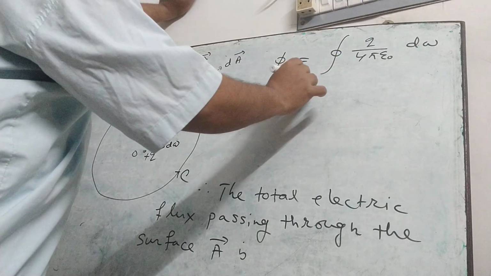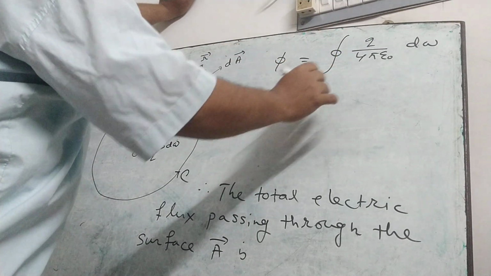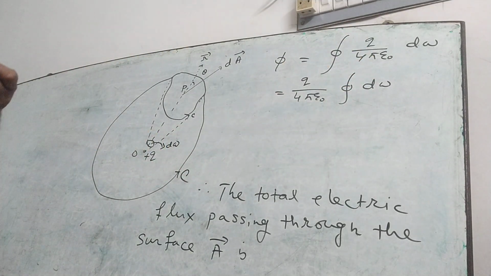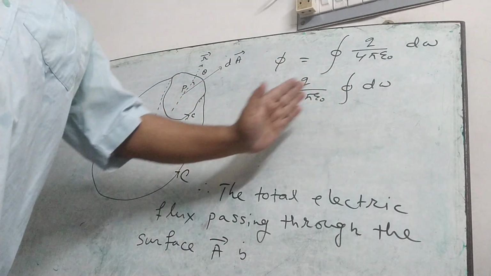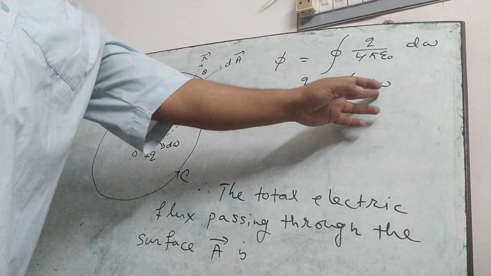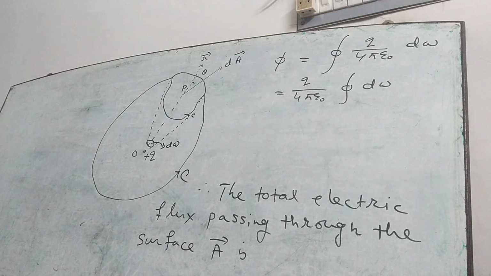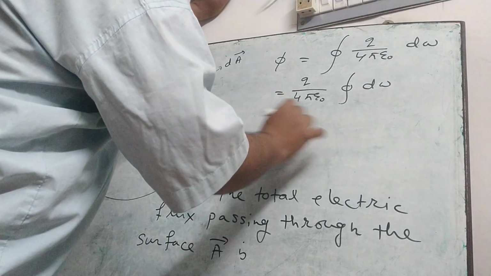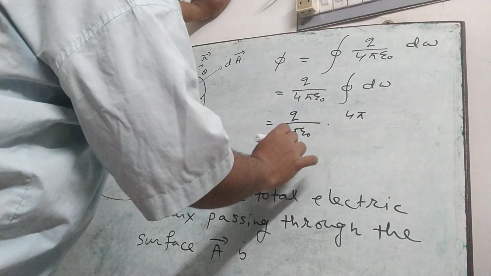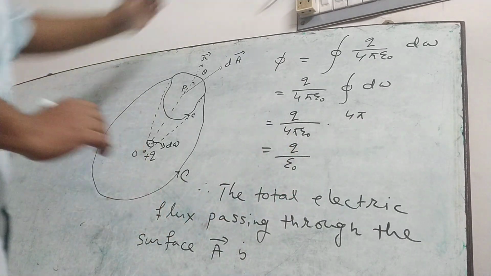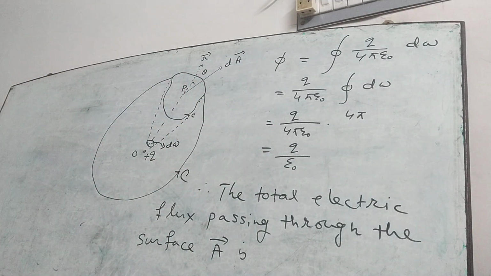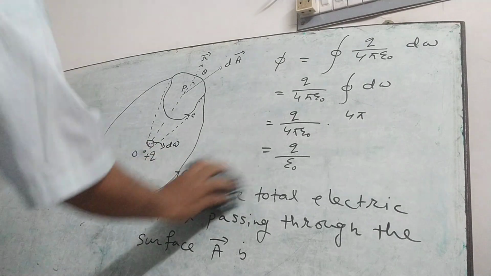We know that Q by 4 pi epsilon 0 is constant, therefore it comes out from the integration, and we only integrate the d omega part, and we again know that closed integration of d omega is equal to 4 pi, therefore this is equal to Q by epsilon 0, that is phi is equal to Q by epsilon 0, which proves the Gauss theorem in electrostatics.